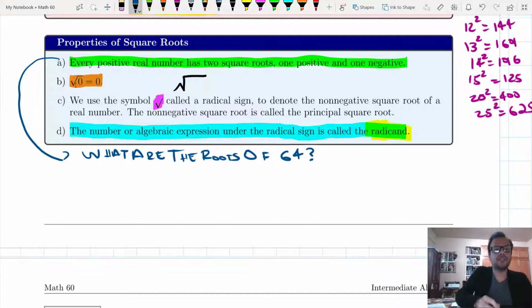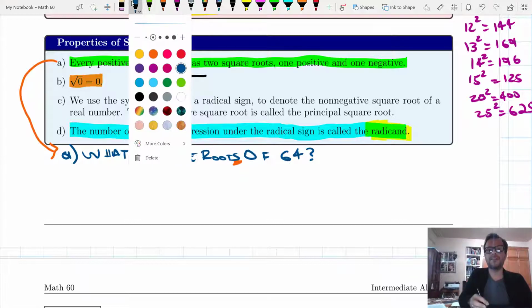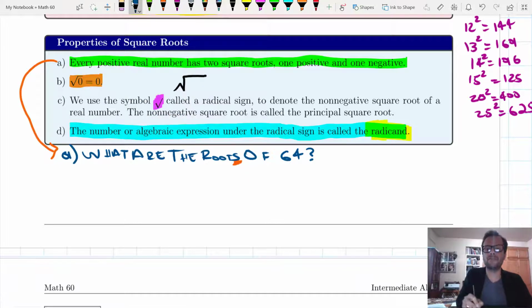Let me call this letter A. Notice roots, plural, so we're looking for two numbers that squared are 64. They are -8 and 8.